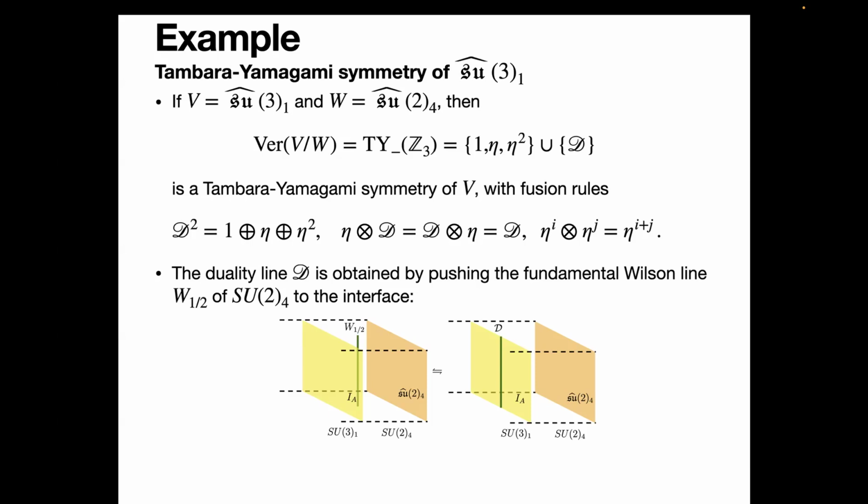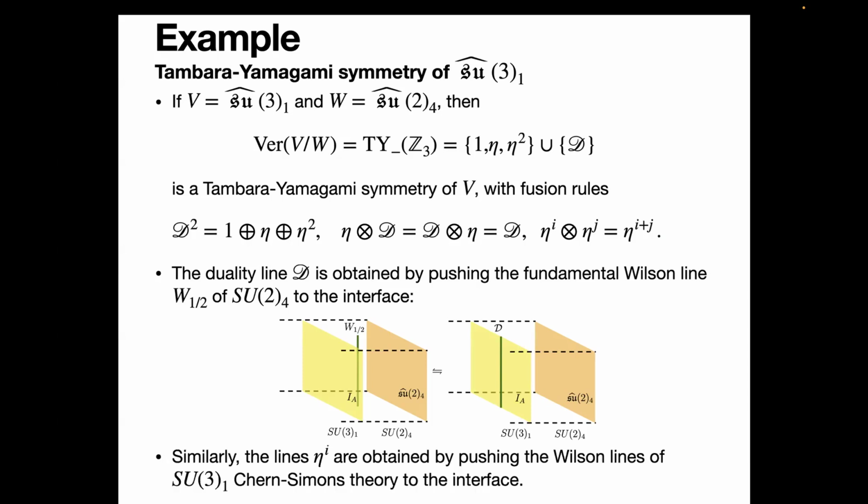For example, the duality line of this Tambara-Yamagami Z3 can be obtained by starting with the fundamental Wilson line of SU(2) level 4 and pushing it onto this interface. On the other hand, the three Z3 lines are obtained by starting with the Wilson lines of SU(3) level 1 on the other side and pushing them onto the interface. It turns out that in this way you can always get all the lines by pushing. You might have to disentangle a little bit, but you always get all the lines.